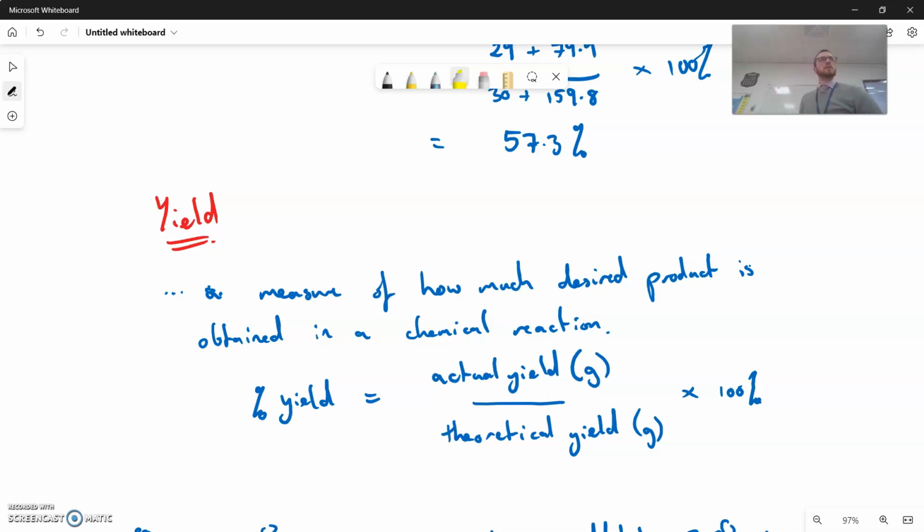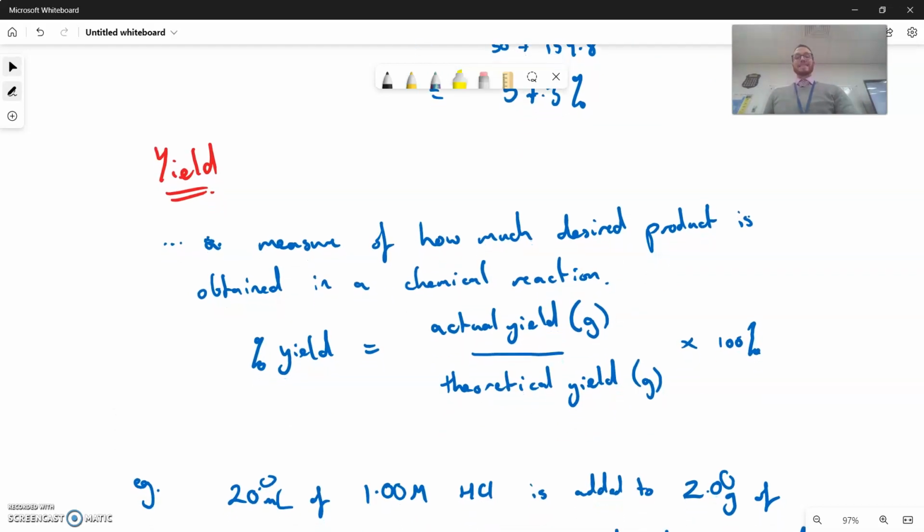Can you work out the yield error? I guess you could do the percentage of yield error based off the difference between the two. Not something you really have to worry about. Don't have to worry about uncertainties in year 12 chemistry.